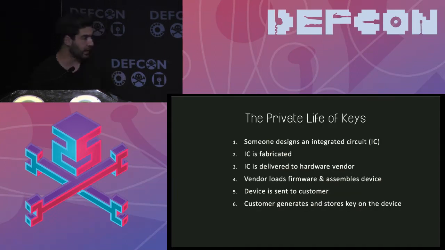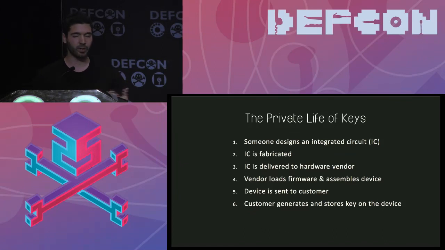To begin with, let's just think that we have a private key and public key pair. How do we generate that? So first, someone somewhere in a development design house designs an integrated circuit, which is then fabricated at a foundry somewhere else probably. And then this integrated circuit is delivered to the hardware vendor that actually ordered it.